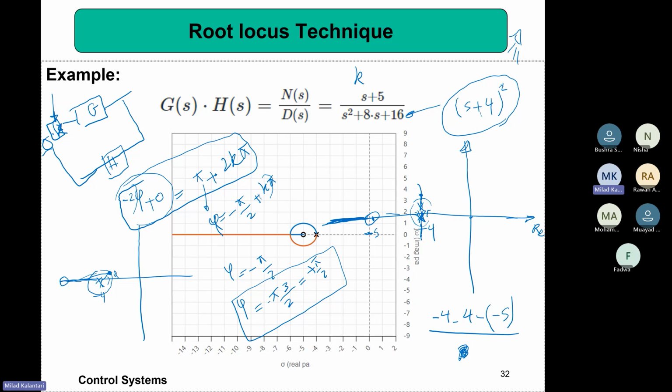And then the average of this single pole is somewhere like here, basically. It will be -8 plus 5, -3. Is it?